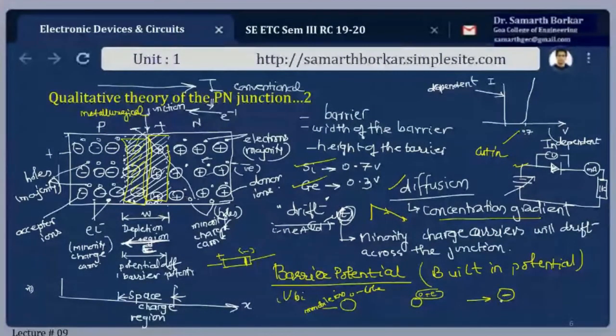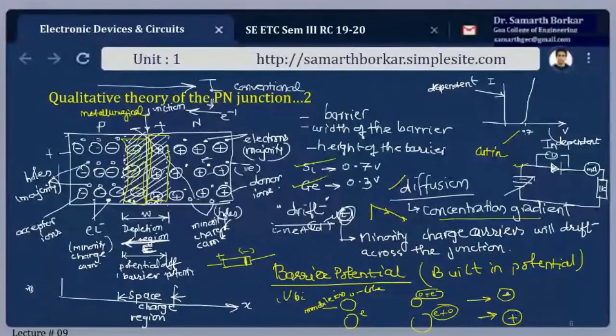And similarly, if we have an immobile ion with an electron, then we are going to have a similar condition, and this is represented as plus. Now, why does this carrier have a negative charge, and why does this carrier have a positive charge?